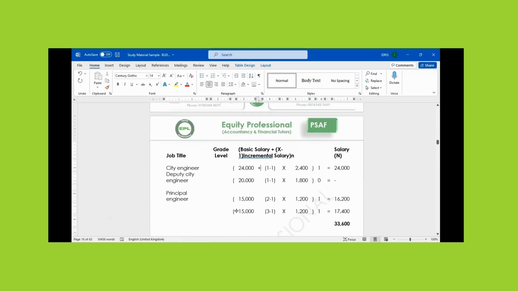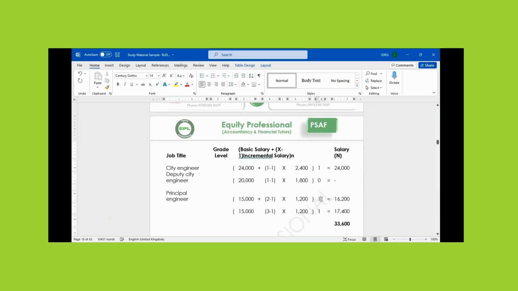Principal engineer, basic salary 15,000 plus 2 minus 1, which is 1, times the incremental salary 1,002. At the end of the day, the answer you get is 16,002. You times it by how many?